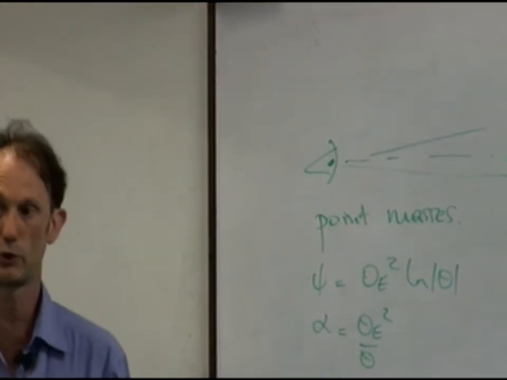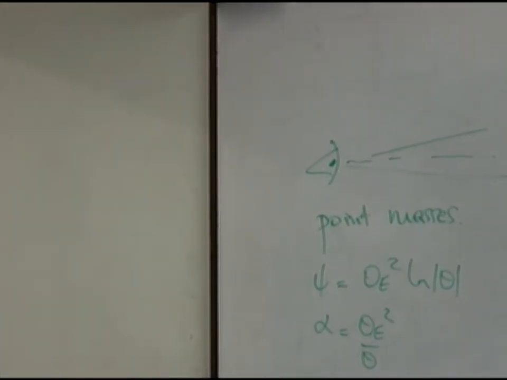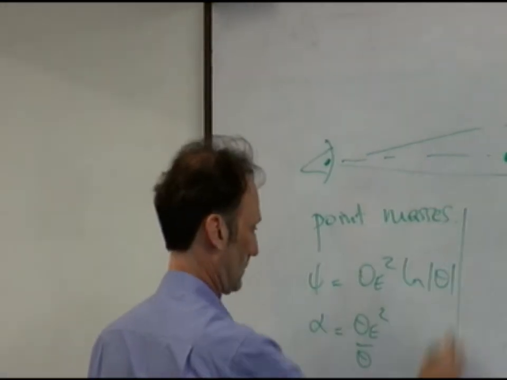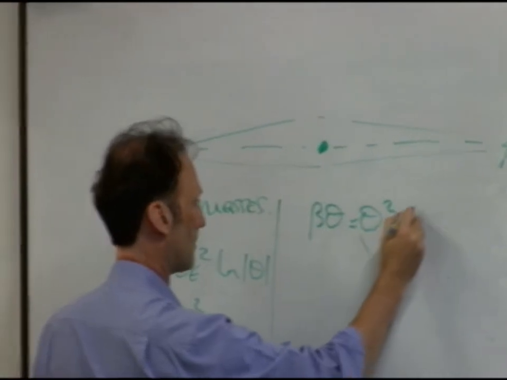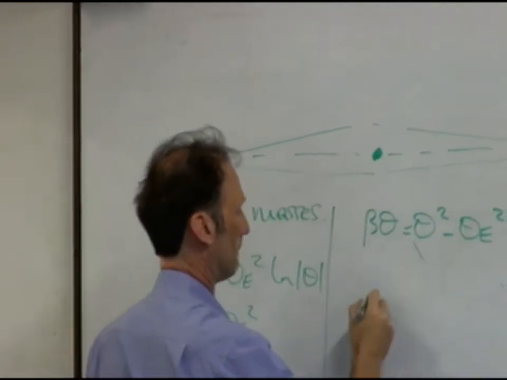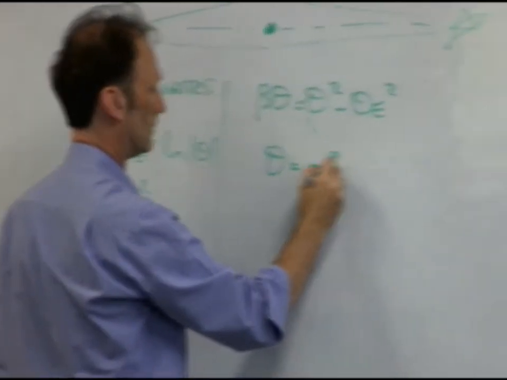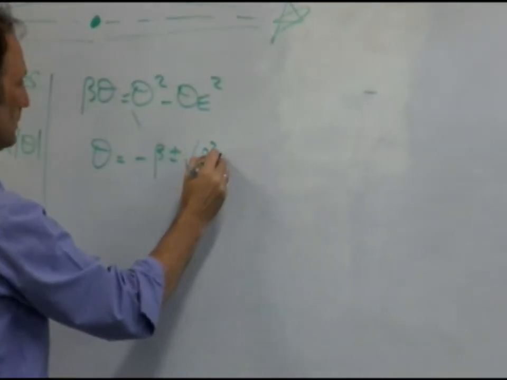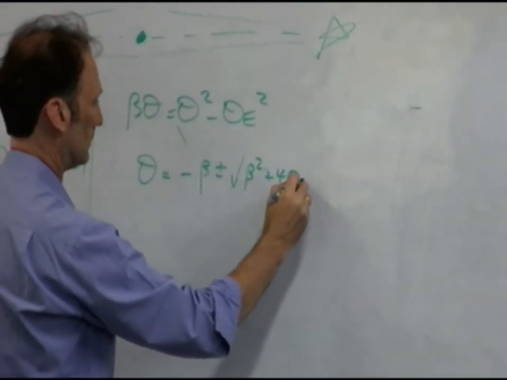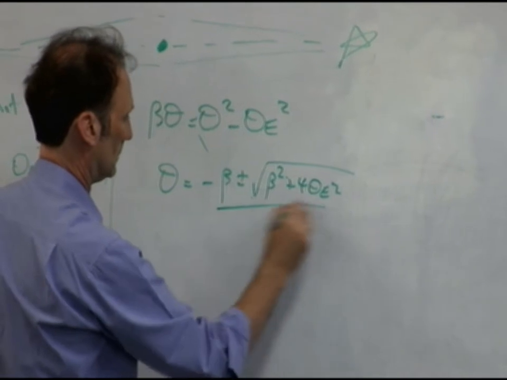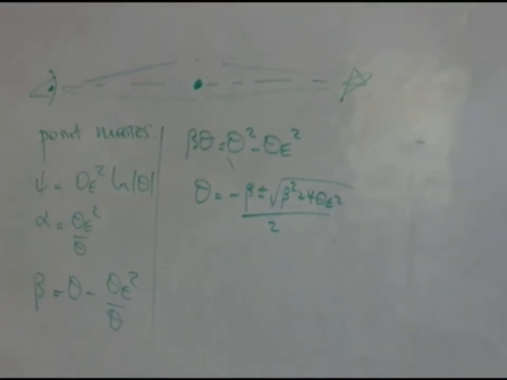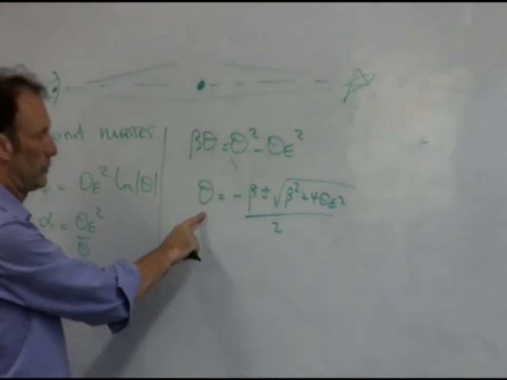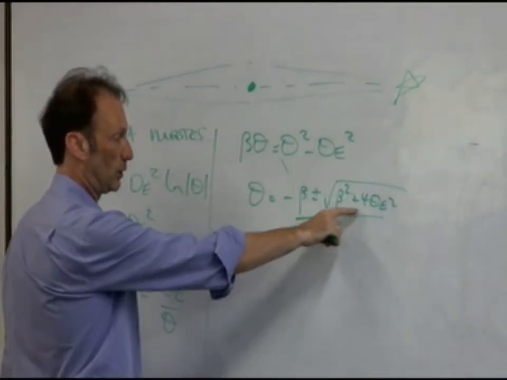And it's an equation you can solve directly, analytically. Right, it becomes a simple quadratic equation for theta, and the solutions depend on beta and on the Einstein radius.